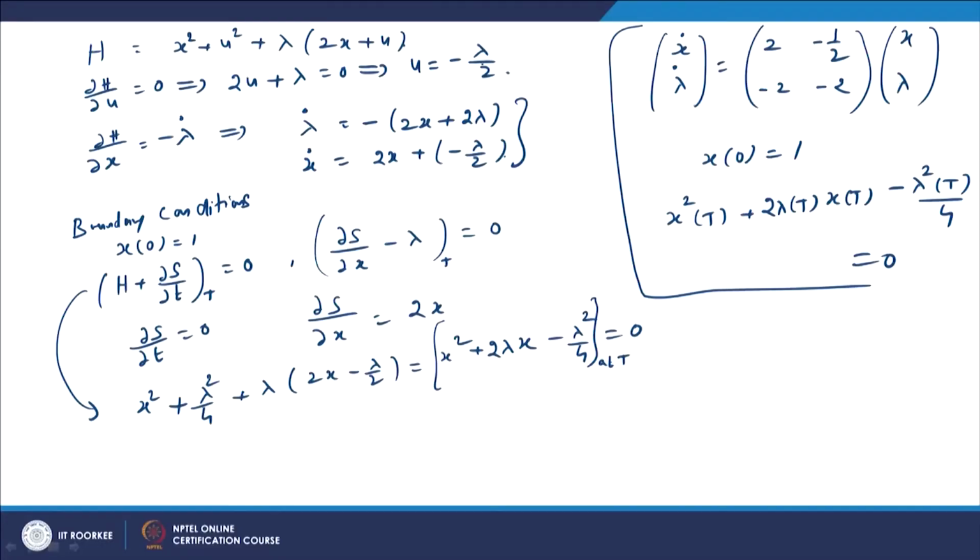Those values give the optimal final time capital T, which can be substituted, and we can find the optimal control and optimal state of the system. So this is for both final time free and final position free.